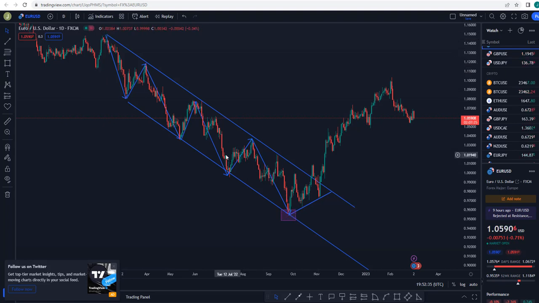Now this is where the market changed character to the upside, meaning that it broke this major downtrend, and then returned back to the beginning of the impulse that broke this structure.